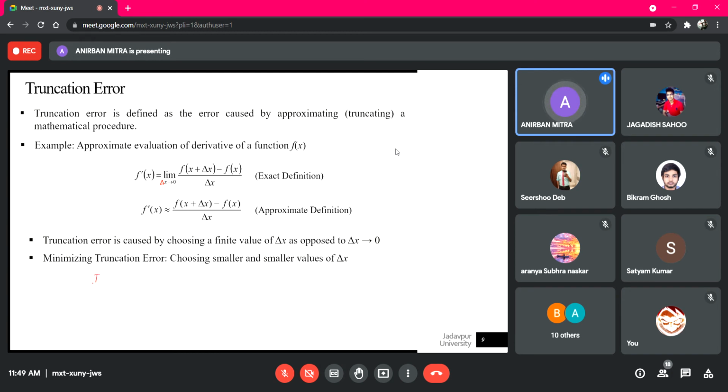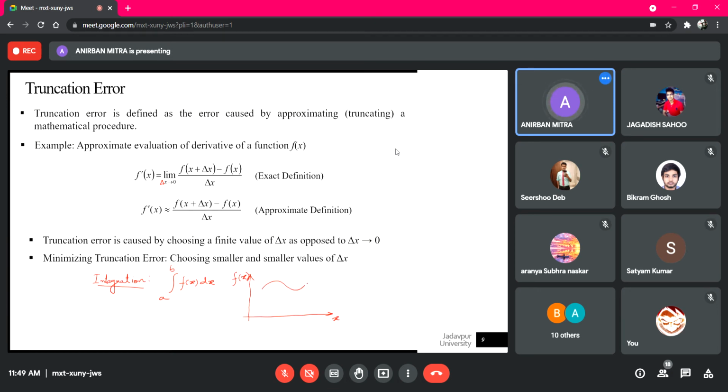We can also have this sort of an error in case of an integration. If we have integration f(x) dx going from a to b, then we know that this is classically defined as something like this. You have x here, you have f of x here.